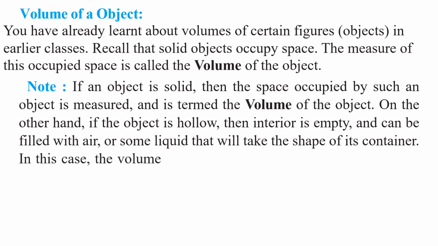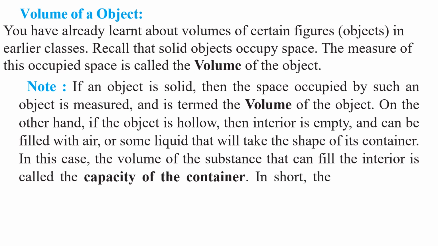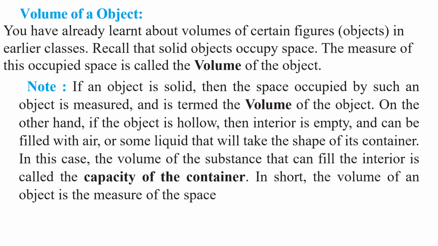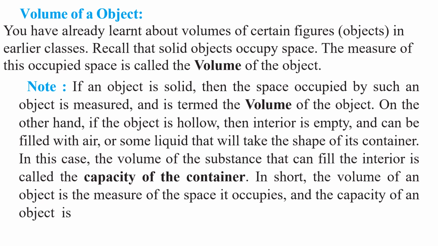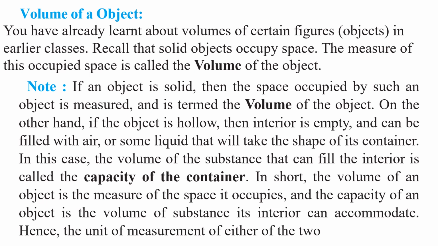In this case, the volume of the substance that can fill the interior is called the capacity of the container. In short, the volume of an object is the measure of the space it occupies, and the capacity of an object is the volume of the substance its interior can accommodate. Hence, the unit of measurement of either of the two is cubic units. Understood this point, my children?